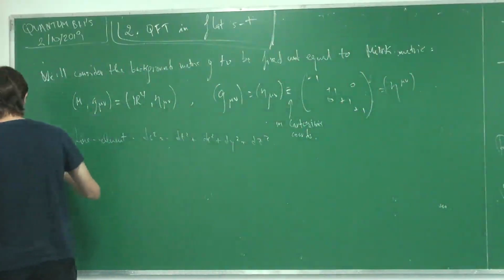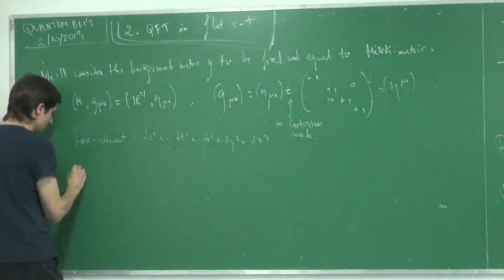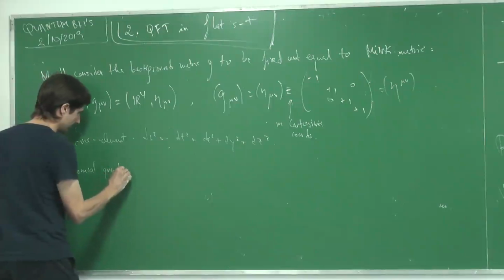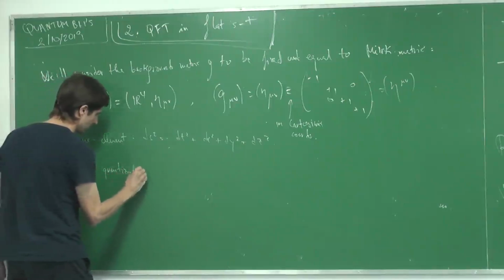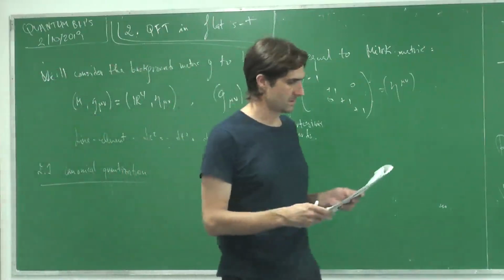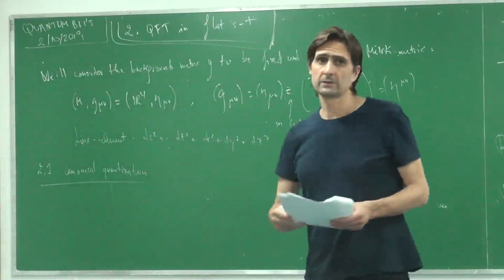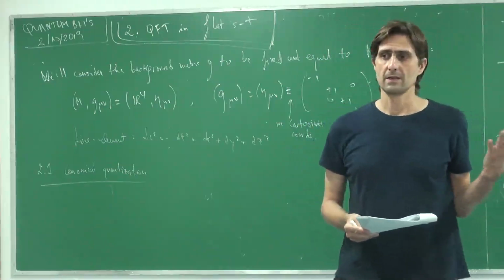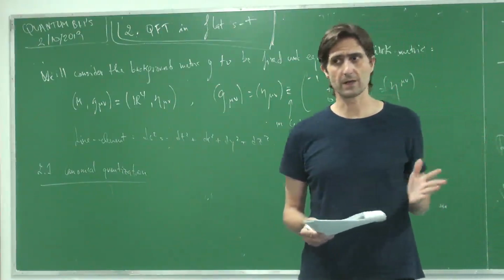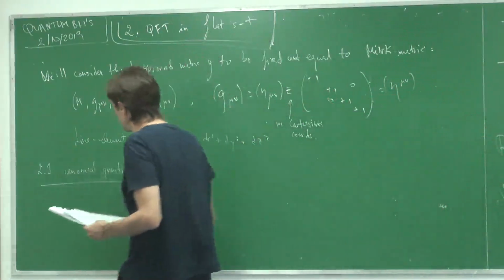Okay, so we're going to do canonical quantization. And we're going to do it for the case that the matter field is just a real scalar field, just to make things easier.